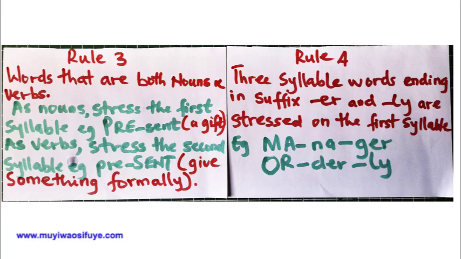Now for Rule 4, we have 3 syllable words ending in suffix er and suffix ly. Suffixes are letters you add to root words.